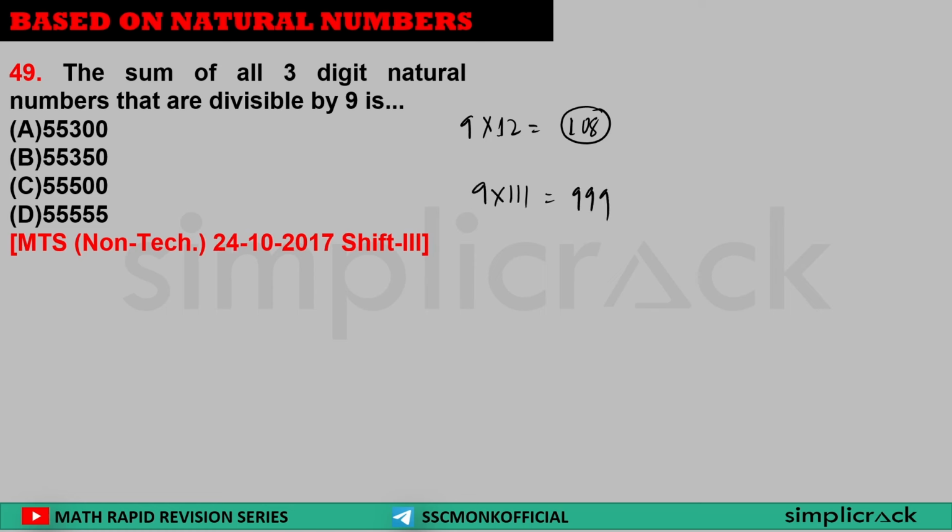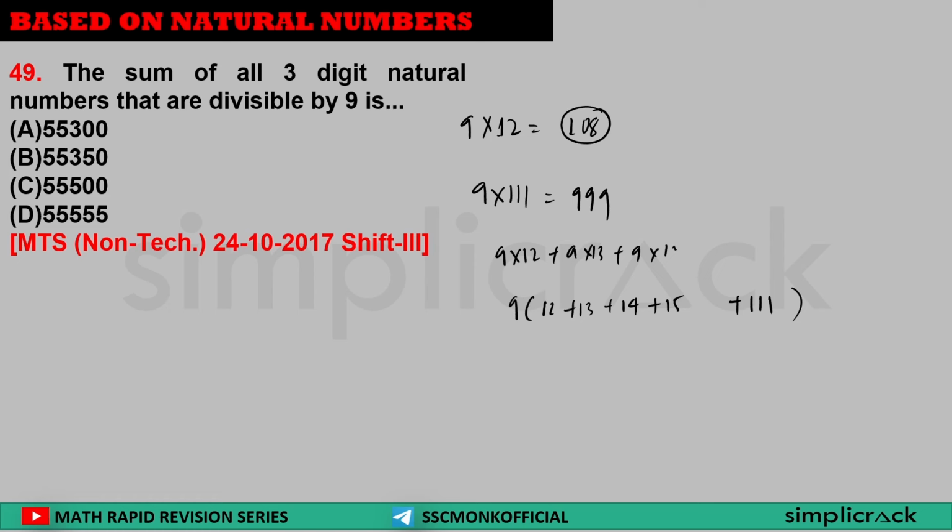That gives us the end of all the numbers. Yes, sir. So this means it is talking about 9 into 12 plus 9 into 13 plus 9 into 14 and so on, right? So I can write 9 common, 12 plus 13 plus 14 plus 15 and so on till 111. Yes or no?